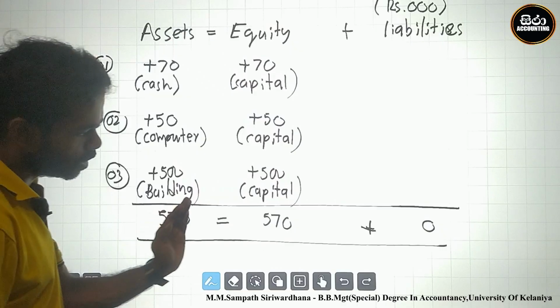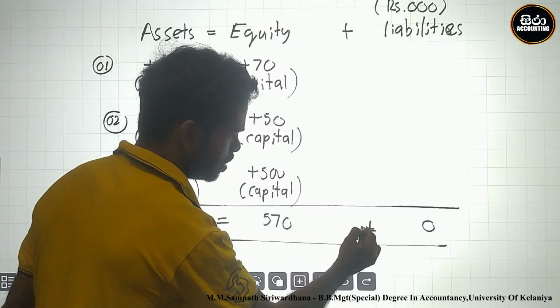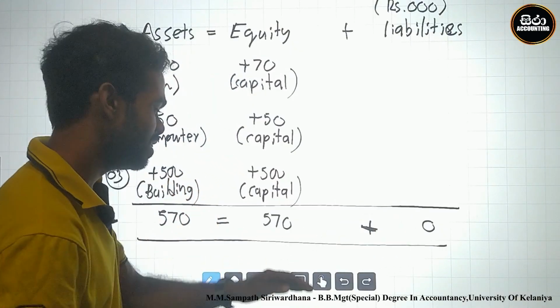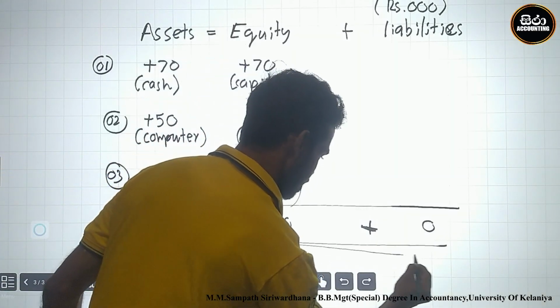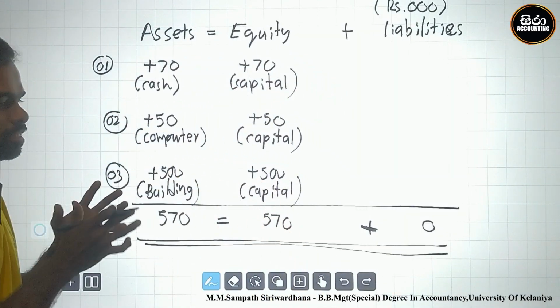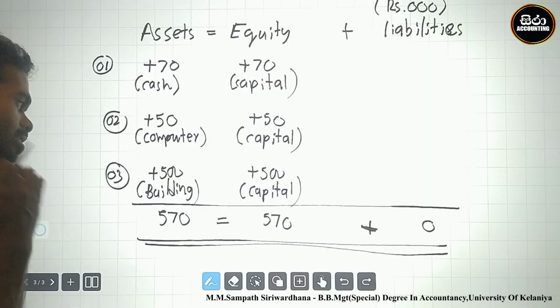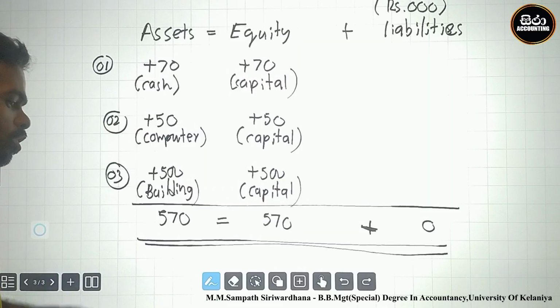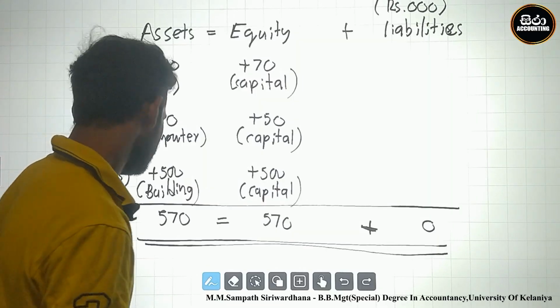This side equals this side. Why? This is 0. Therefore this is the final answer of this impact. This is the recording of transactions in the equation.